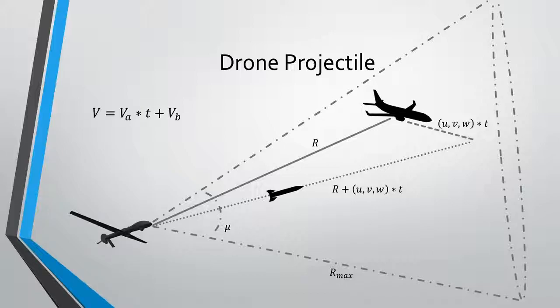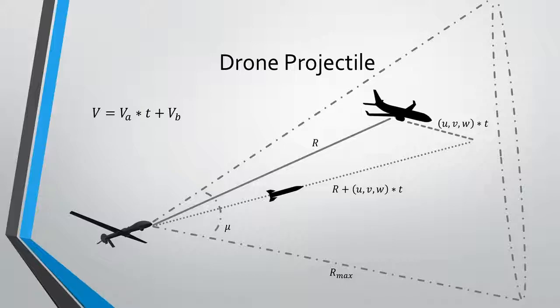So for the drone projectiles, they are also on a fixed path. They follow a straight line, but this line is calculated based on where the drone believes the user aircraft will be by the time the missile reaches the interception point. It is given the target aircraft's current position and velocity, and it extrapolates that velocity forward in time.